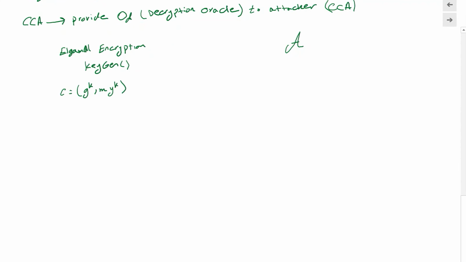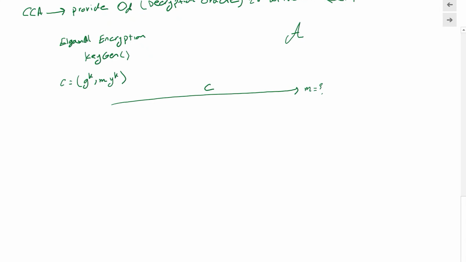It sends C to A, and asks what the corresponding M is, M equals what? This is how our adversary can try to break this algorithm.